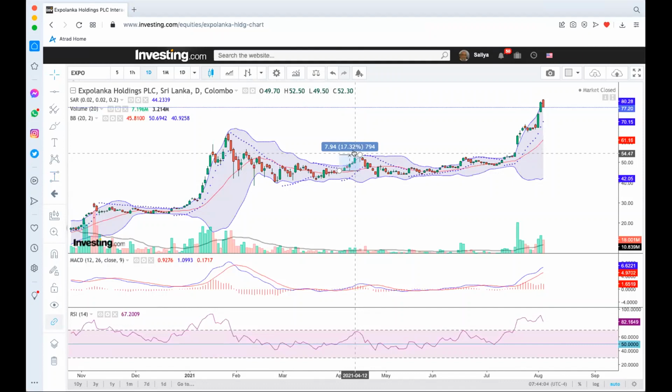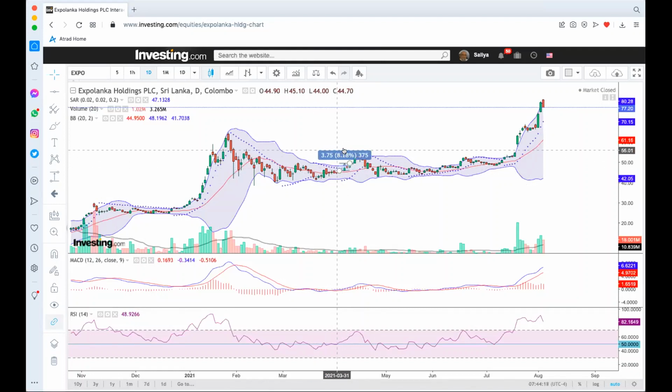annualizing it, right? If you make, let's say, from this 46.20, if you sold at this level, that's an 88% return in a matter of about 3 to 4 days.